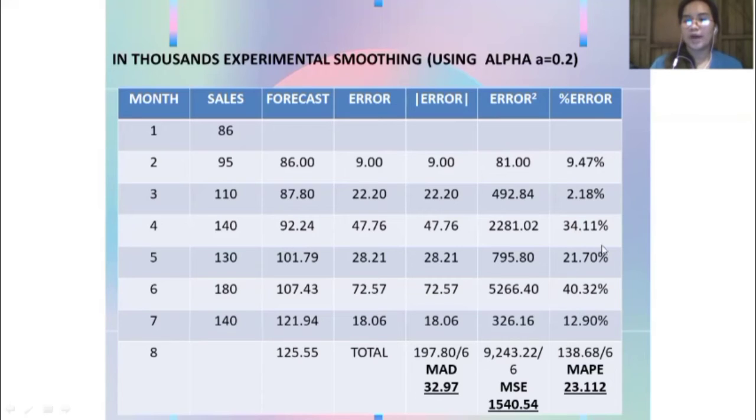So add the 6, we can get the 138.68 and then divide by 6, so that our MAPE, or the mean absolute percentage error, is 23.112.